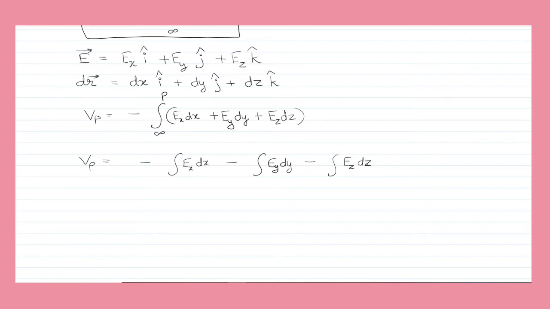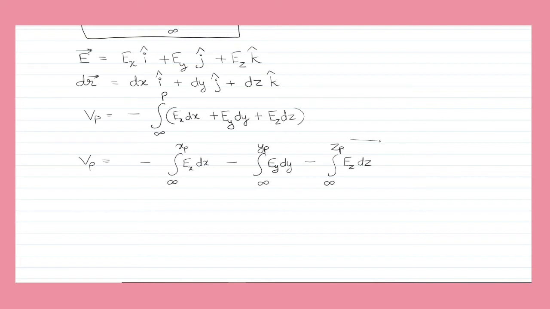And the limits in this case will be from infinity to the x coordinate of the point P, then from infinity to the y coordinate of the point P, then from infinity to the z coordinate of the point P.